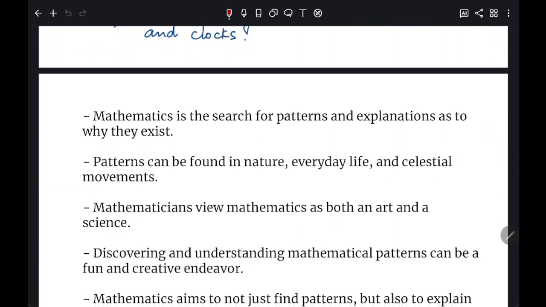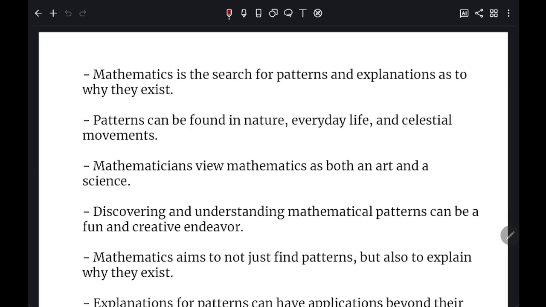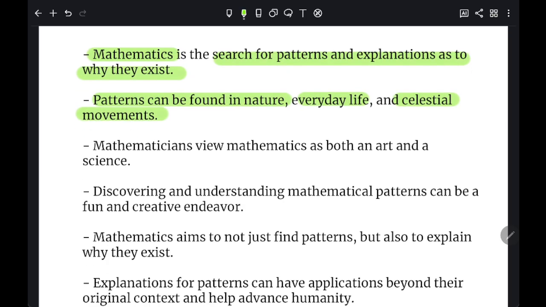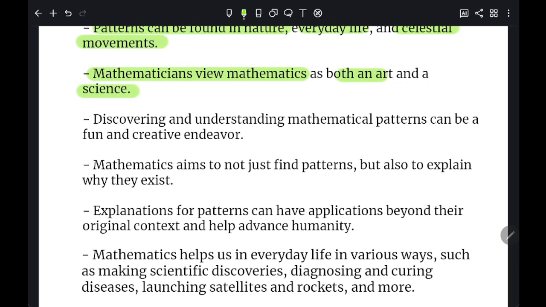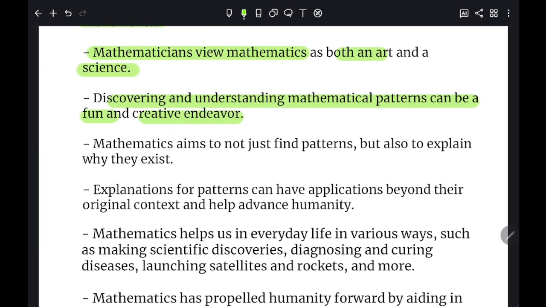Now let us revise what we have learned today. So we have mathematics is a search for patterns and explanation of why they exist. Patterns can be found in nature, everyday life, and celestial movements. Mathematicians view mathematics as art as well as science, and discovering and understanding mathematical patterns can be a fun and creative endeavor because it is both artistic and science.